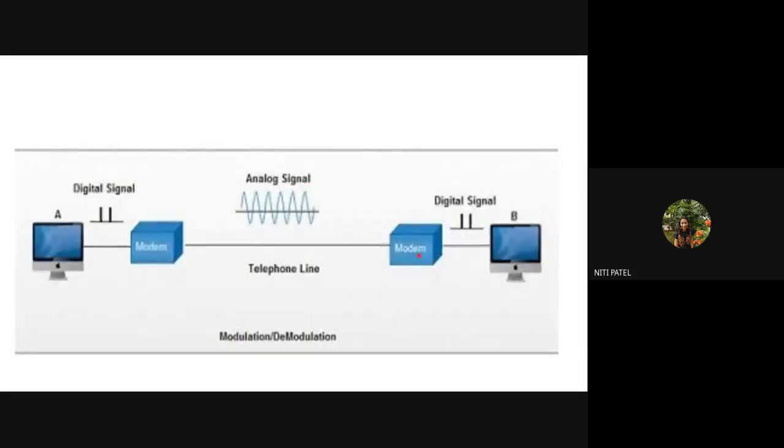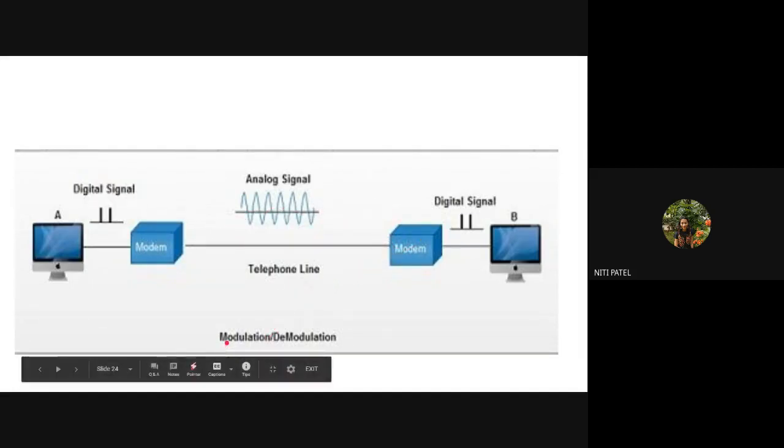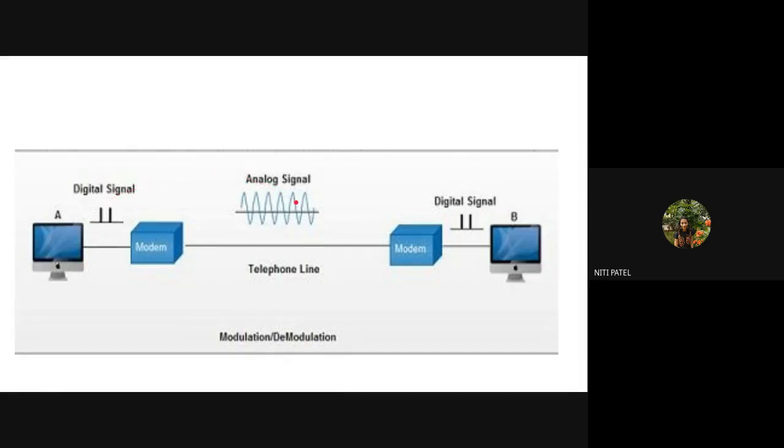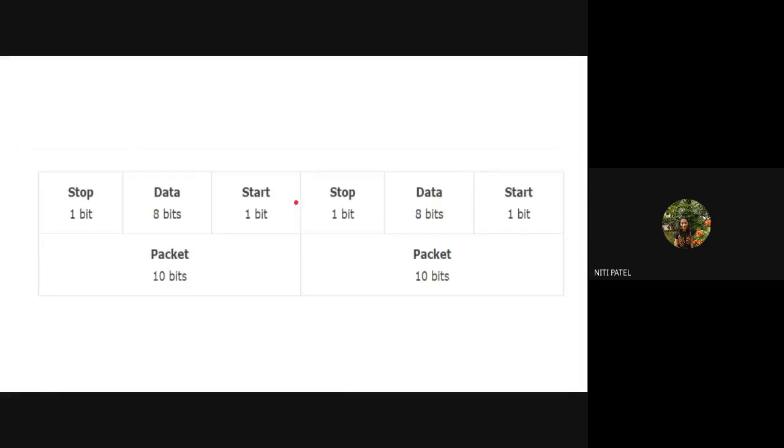Since a computer does not understand analog data, it will convert the analog signals into digital signals and then transmit the digital signal at the receiving end. So the modems at both the source and the destination side will be performing the function of modulation and demodulation, which is nothing but converting data from digital to analog and again back from analog to digital.